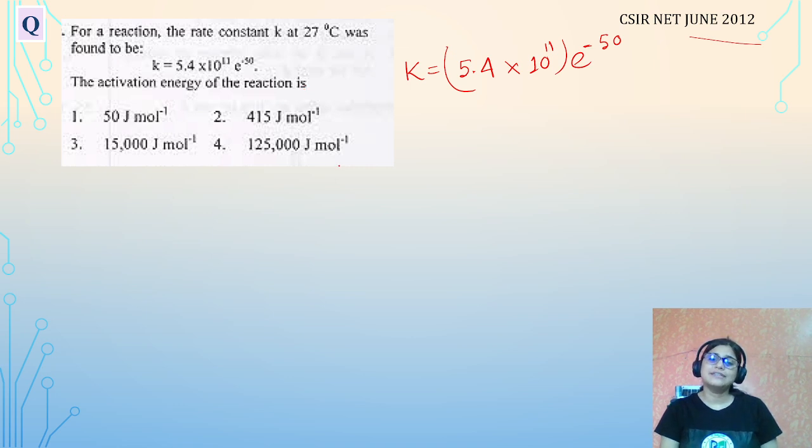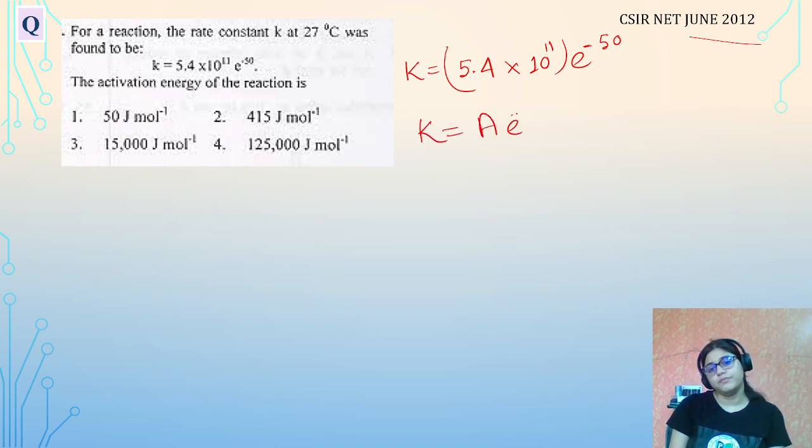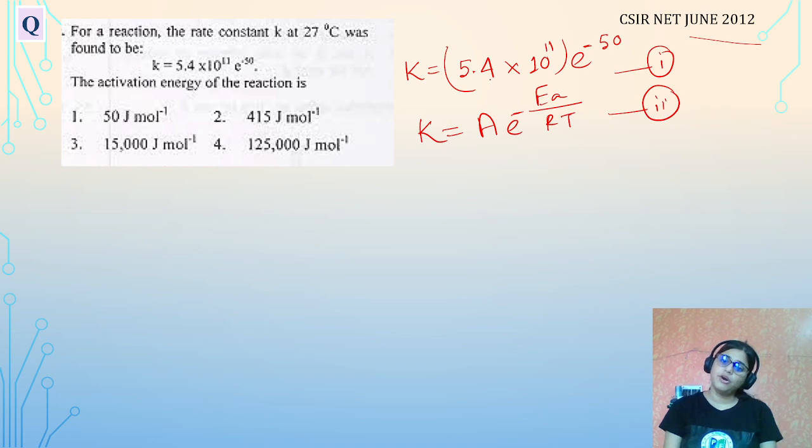So this is how we can solve. This is a type of question where you have to compare this form with the Arrhenius equation form. Because e to the power terms are there and K is there, we have to compare.